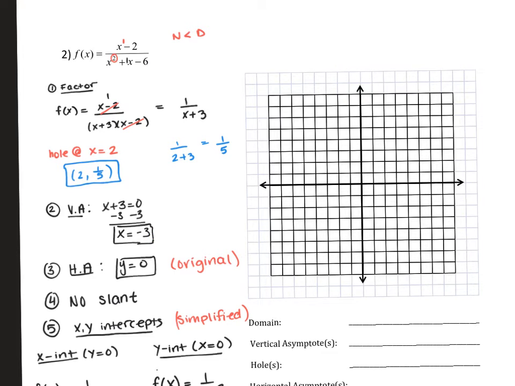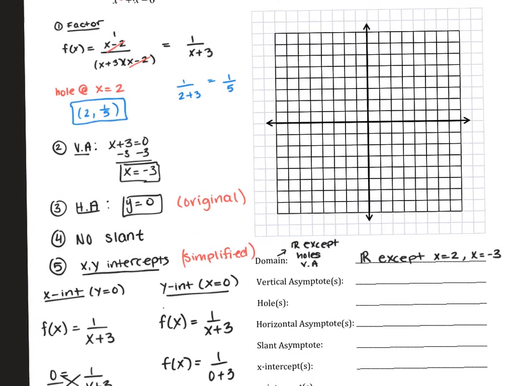So we will say the domain is going to be all real numbers, and I like to use this symbol for all real numbers, except for when x is equal to 2 and when x is equal to -3. If you want to write some notes down, the domain will be all real numbers except for the holes and vertical asymptotes.